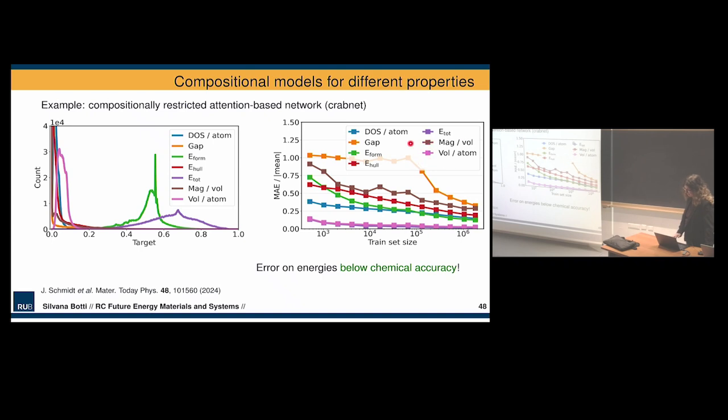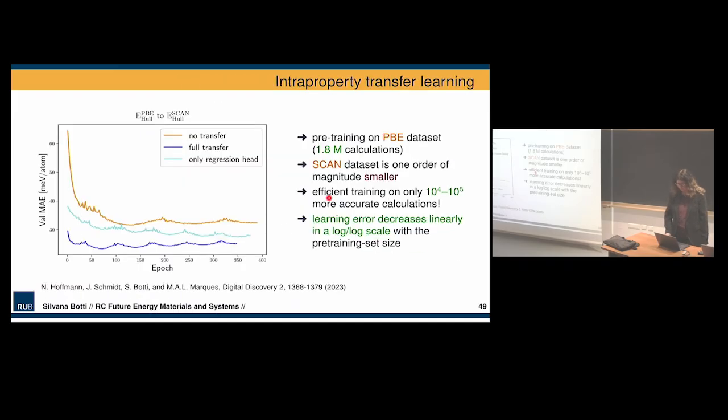Also the magnetization is particularly hard to train. But other quantities like the crystal structure, the volume of the unit cell, the total energies, or the formation energy are rather easy to train in a precise way.